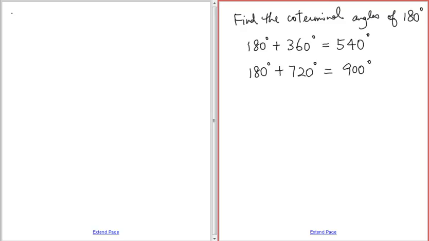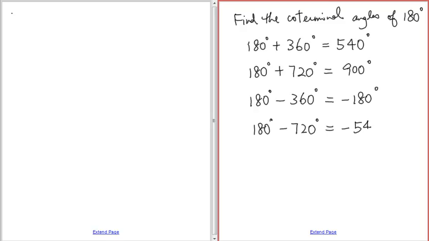Or I could have the full rotation the other direction when I move this clockwise. So I minus 360 degree. That gives me negative 180 degree. Or I rotate clockwise two full rotations, so I would have negative 540 degree.